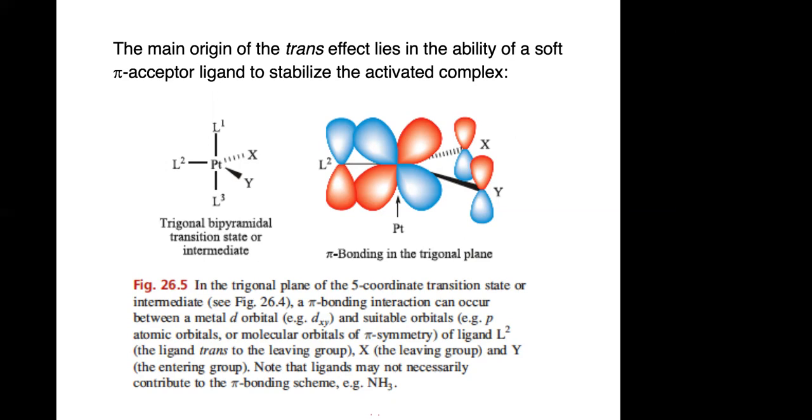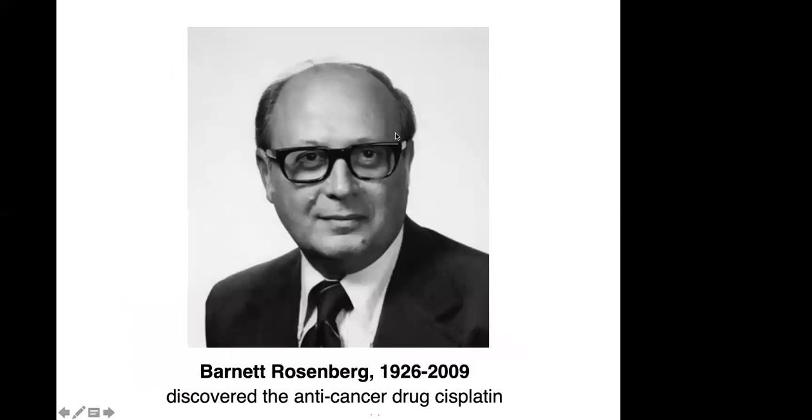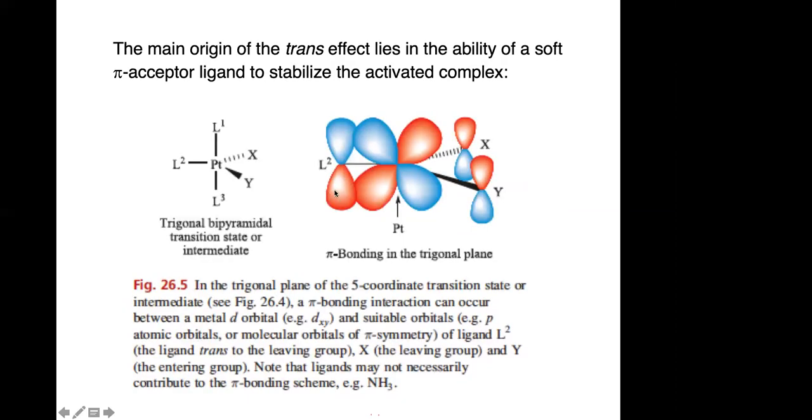The main effect that's being pointed out here is that if you compare this to the square pyramidal geometry that forms when you add the entering ligand, sharing of pi density with an opposing ligand is lessened in this trigonal bipyramidal complex. So X and Y don't necessarily have to be pi acceptors.